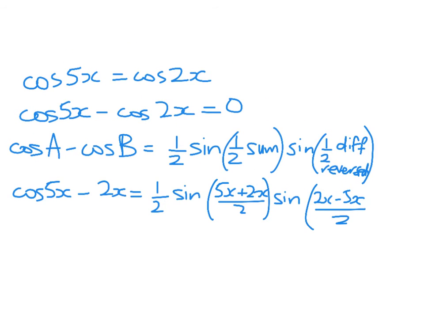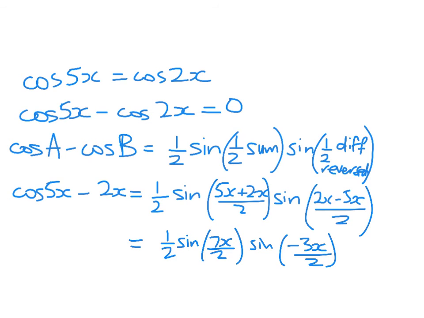Whoops, where's my bracket gone? There we go. So what do I have? Well, I have half sine 7x over 2 times sine negative 3x over 2.